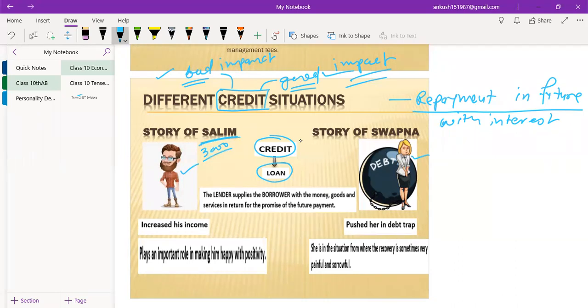Actually, he borrowed loans from various sources, and he promised to repay the loan amount within the time at a certain rate of interest. Understood? Then he asked the people who gave him the orders for advance money, so that he could use that money at his manufacturing unit. And after that, he made it possible.